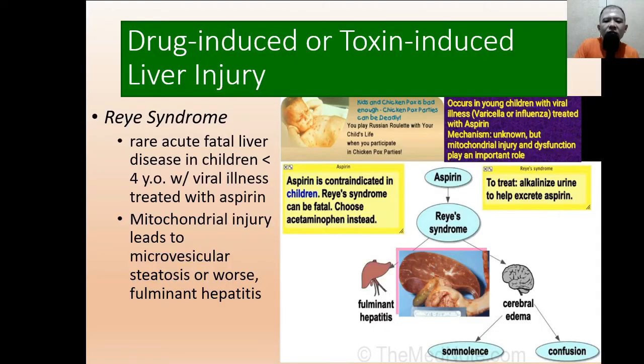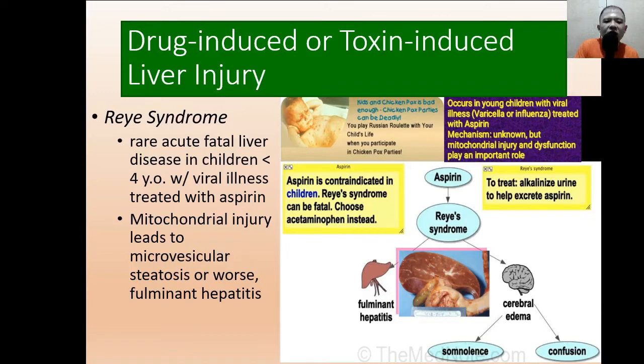The next toxin that we'll talk about is aspirin. Aspirin used to be the drug used to control fever among children before.